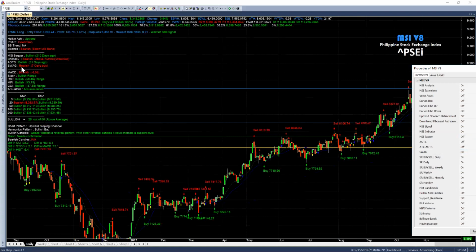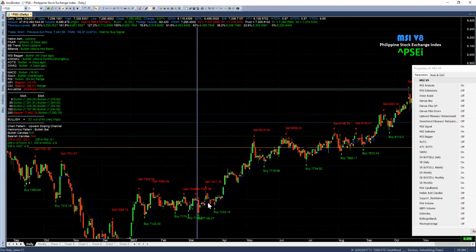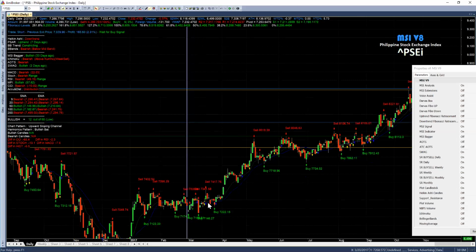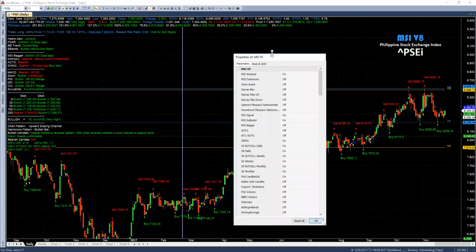Again, meron din siya ditong signal kung bearish or bullish, then kung ilang araw na rin siya nag-cross. Then similar to the alignment of the stars, we also have a buy alert before the swag takes place. Okay, so meron siyang advanced na alert signal to buy.